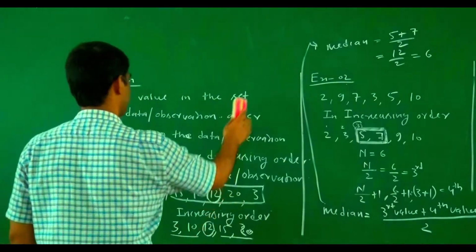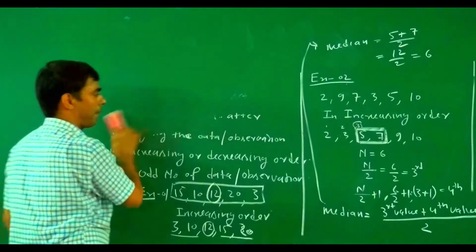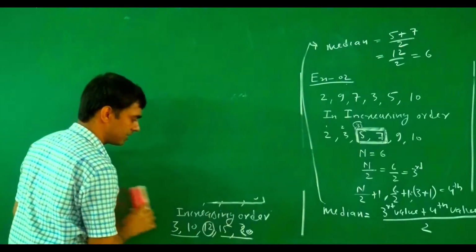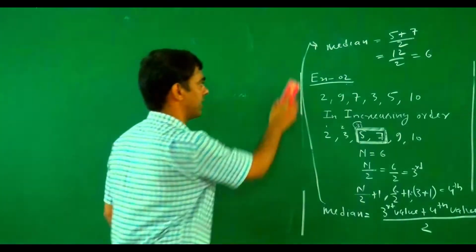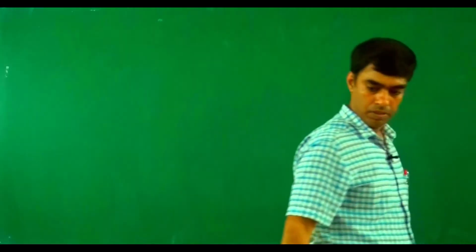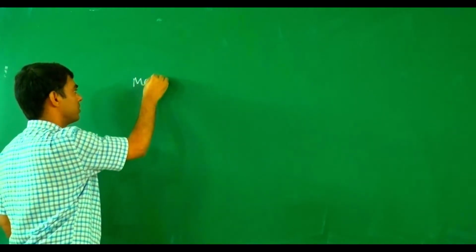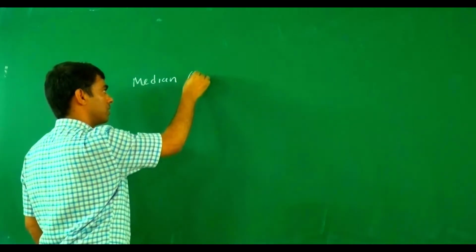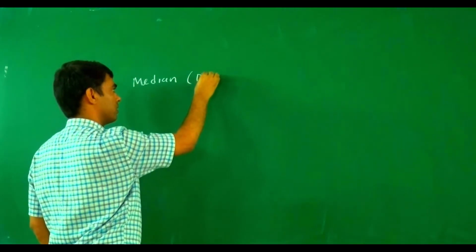Now suppose the variable is either a discrete variable or a continuous variable. Then how do we find the median? The next topic is the median for a discrete frequency distribution.